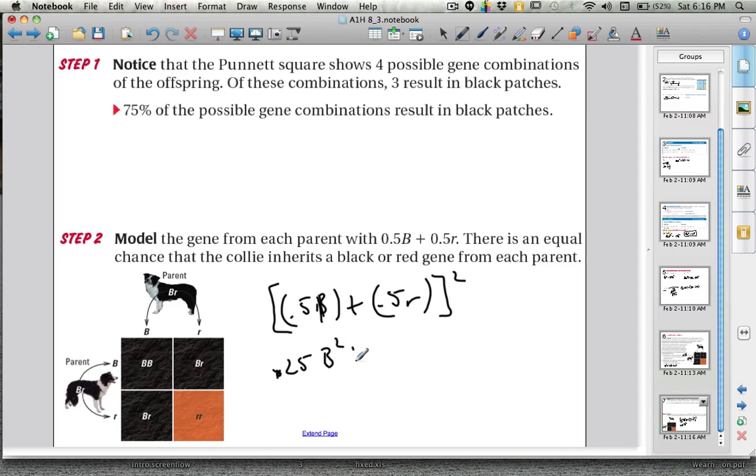And then here in the middle, I'll have 2 times 0.5b times 0.5r, so that's going to be 0.5br, plus 0.25r squared. That's just working through how we could create a model that would shape what would be likely to occur. And that's 8.3.